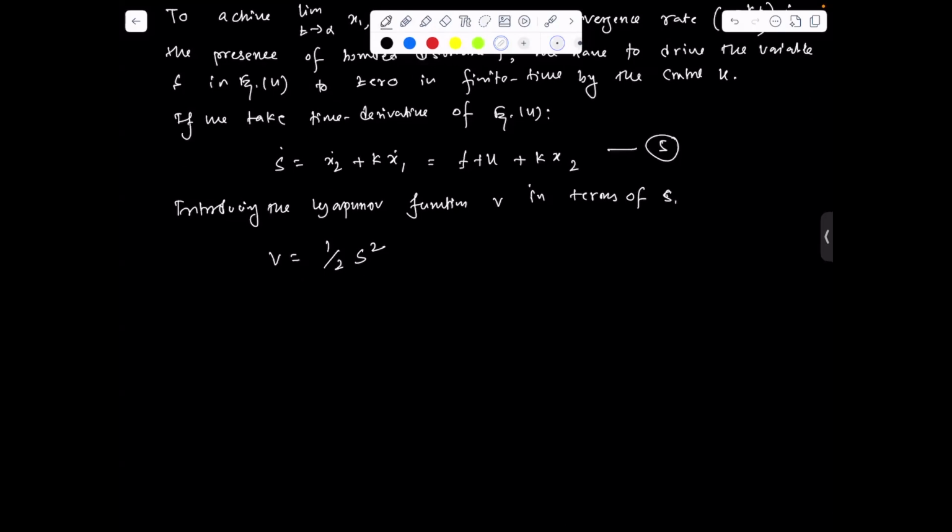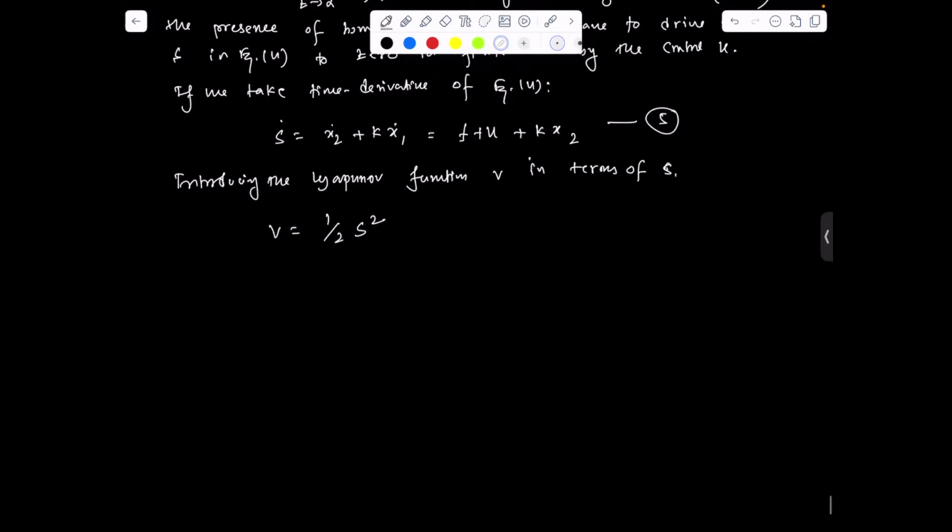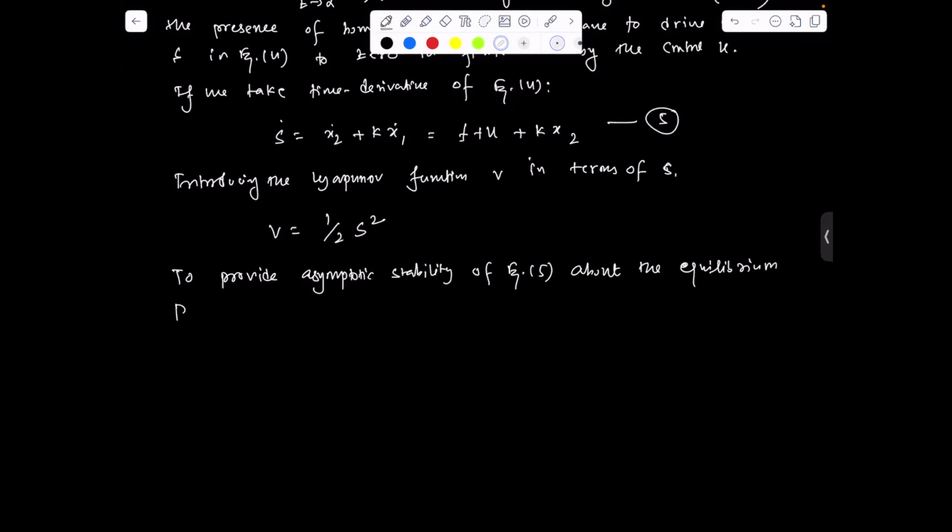So as for the asymptotic condition, we know that to provide asymptotic stability of equation 5 about the equilibrium point, which is s equal to 0.